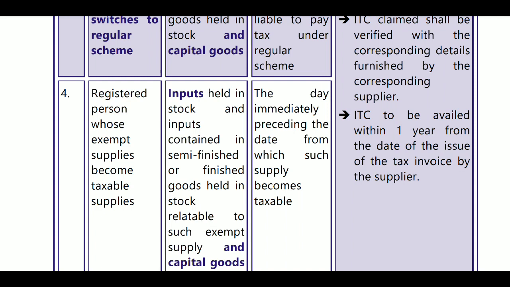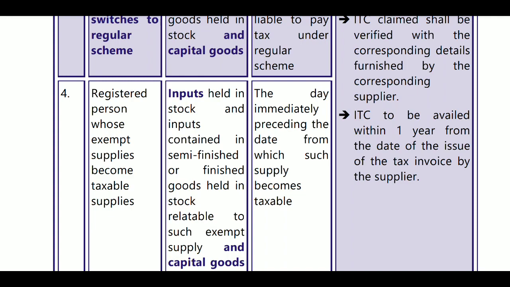So in 4 cases you will be eligible for input credit as on that date: semi-finished product ITC, finished product ITC, or capital goods ITC. If it is an exempted supply case that is now taxable, then capital goods exclusively used in exempted supply will be reduced by 5% per quarter or part thereof from the date of invoice, and this ITC will be examined and verified with the corresponding details.